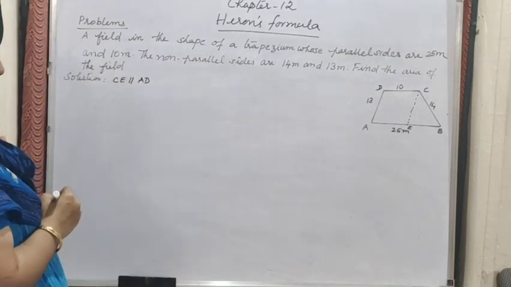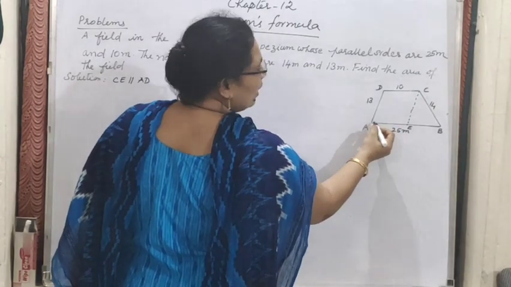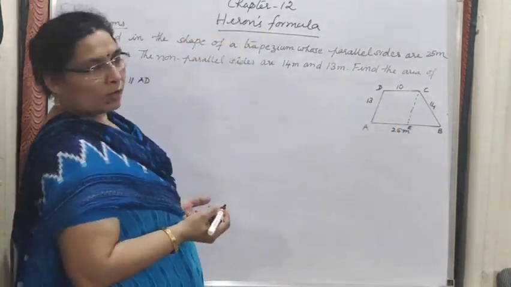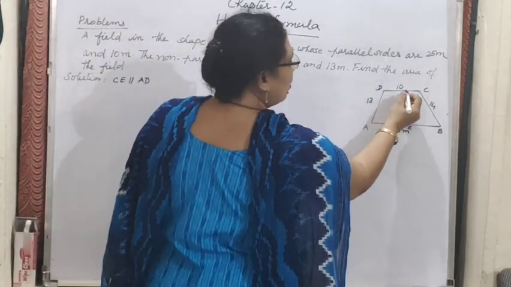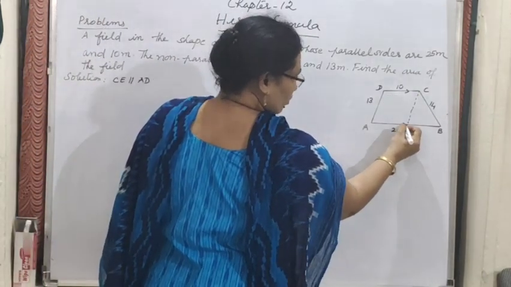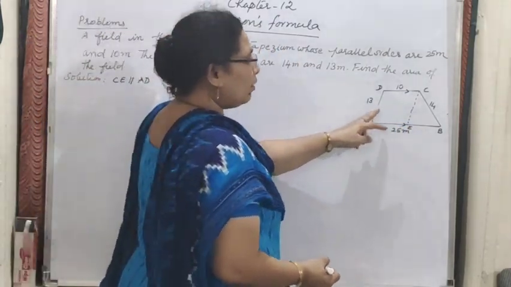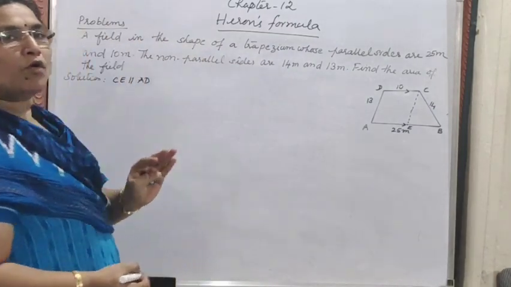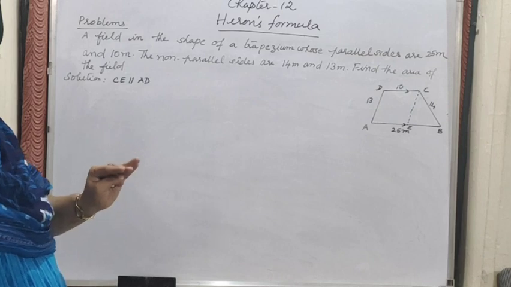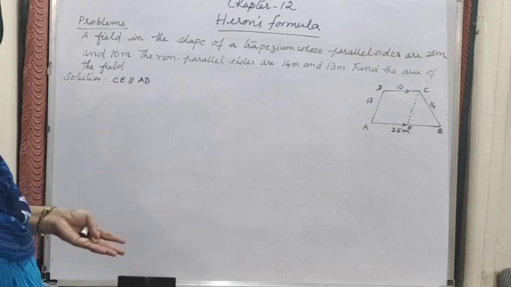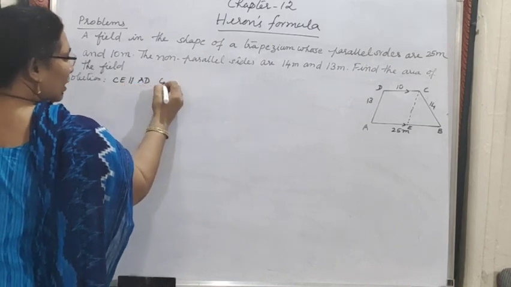Now you can tell me that AECD is a parallelogram, because it's a trapezium, so CD is always parallel to this side according to the question. Now by construction, AD is parallel to CE. So two pairs of opposite sides are parallel. So what can we say about AECD? AECD is a parallelogram. Got this now? CE parallel to AD, by construction.